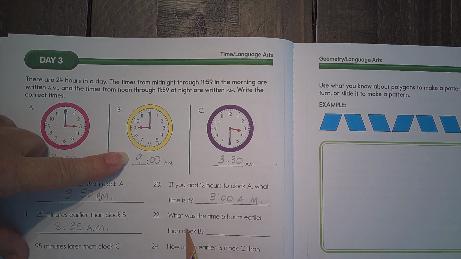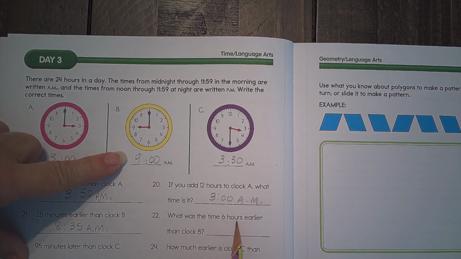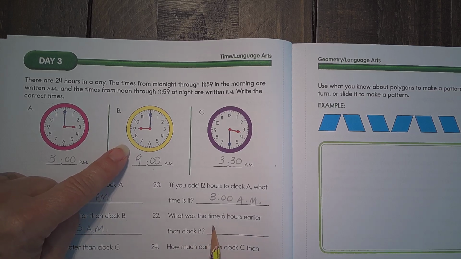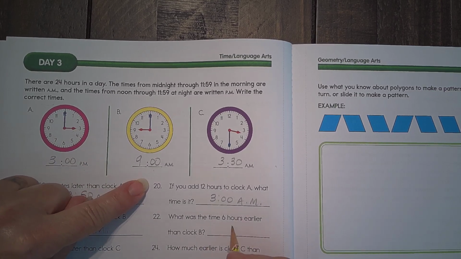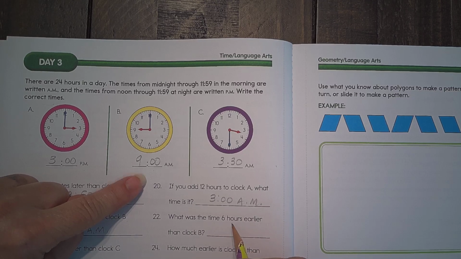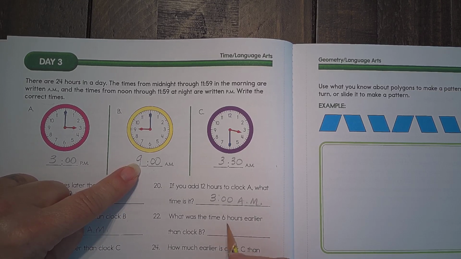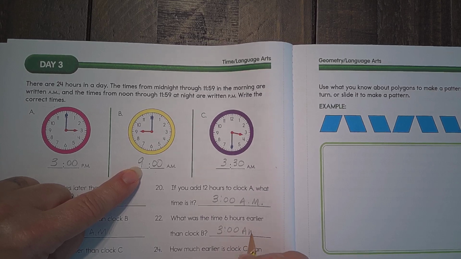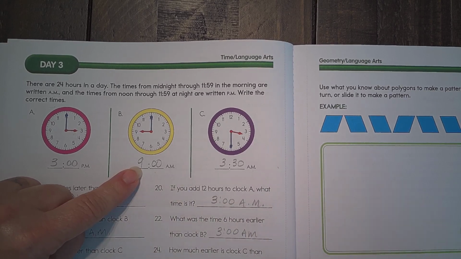Perfect. What was the time 6 hours earlier than clock B? So clock B says it's 9 a.m., 6 hours earlier, so we know 9 o'clock minus 6 is going to be 3, and it's still a.m. because it didn't go more than 9 hours since midnight.